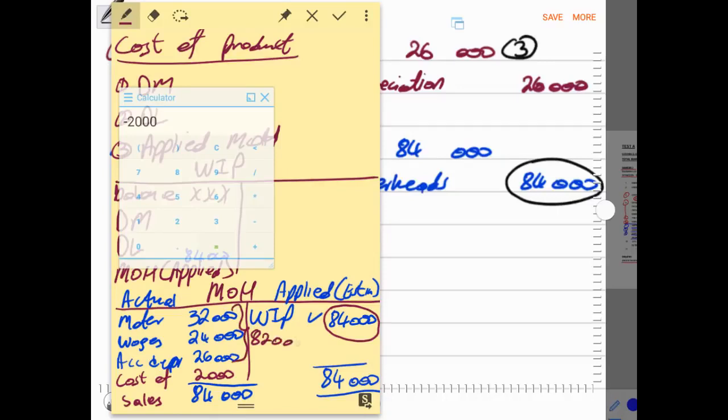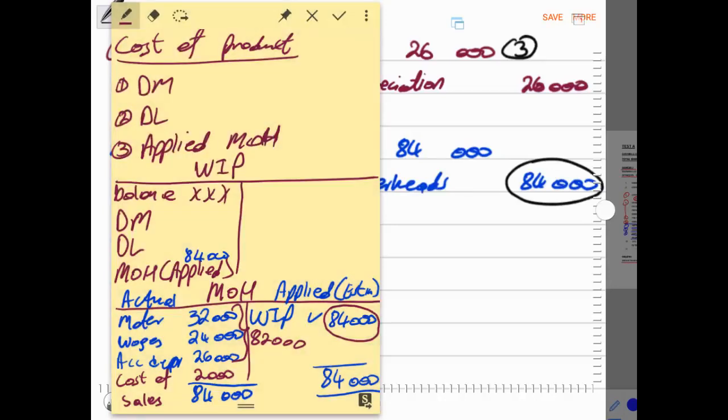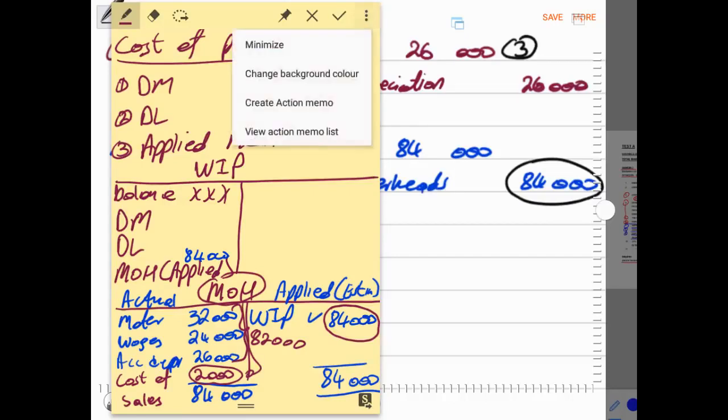So now, if we incur 82, which is less than what we estimated, meaning we have overestimated our cost of sales. That is why now the cost of sales are on the debit side, meaning in the ledger account of the cost of sales will be credited by manufacturing overheads, because manufacturing overheads is debited by the cost of sales.